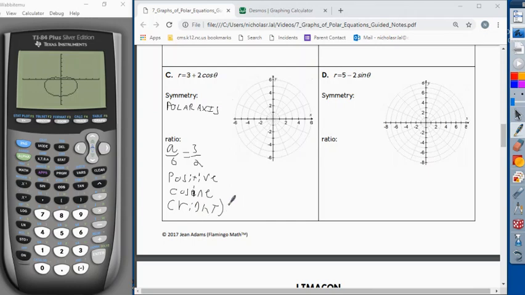And we know that a minus b, remember a is 3, b is 2, so a minus b is 1. A plus b equals 5. And a is equal to 3.